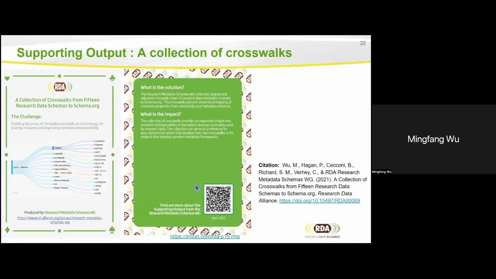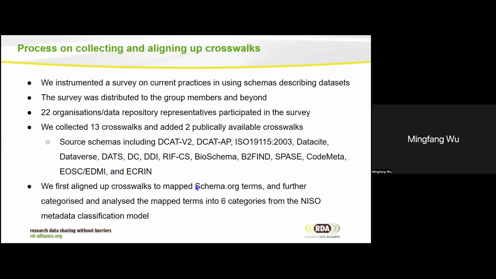So here is the output card for the collection of crosswalks. I will talk a little more about that in the next few slides. So the process is how we collected and aligned those crosswalks.